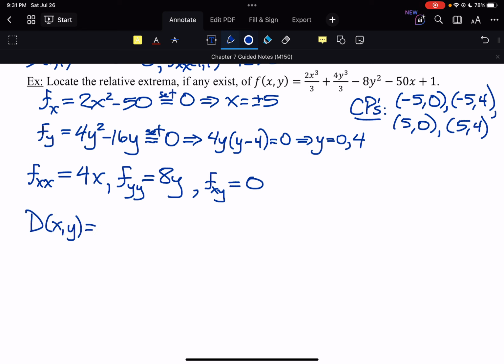So we get 32xy minus 0 squared. So don't even need to include minus 0. And now we test all of these critical points.